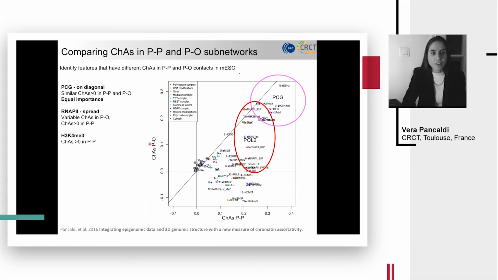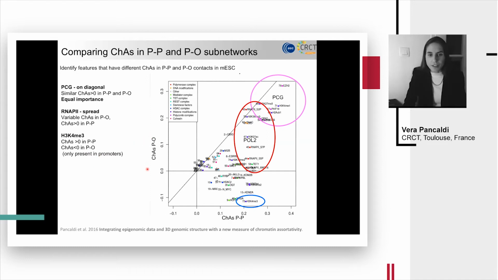On the contrary, we can also see some things that have negative assortativity. For example, we were very happy to see that this H3K4-ME3, which is a mark of active promoters, was actually negatively assortative. And this is actually a sign that we are on the right track, because this means that in a promoter-promoter interaction network, there is assortativity, and we know that actually active promoters tend to interact with each other.